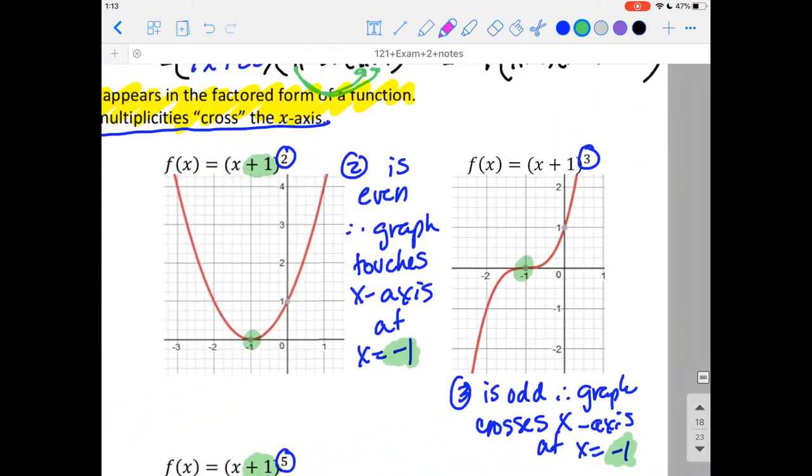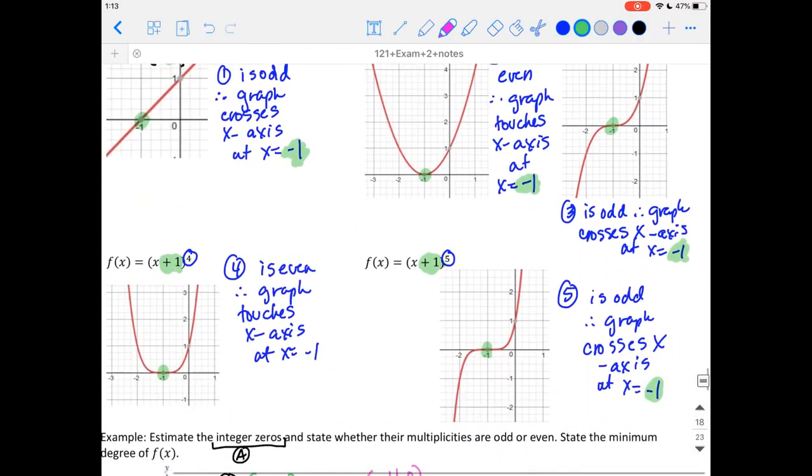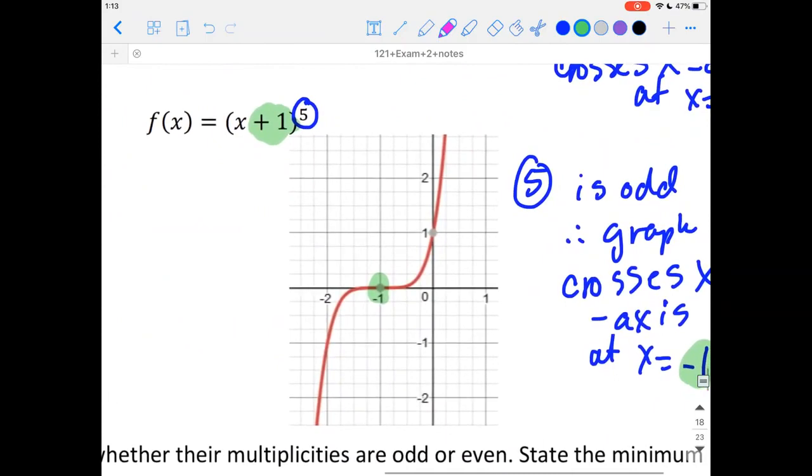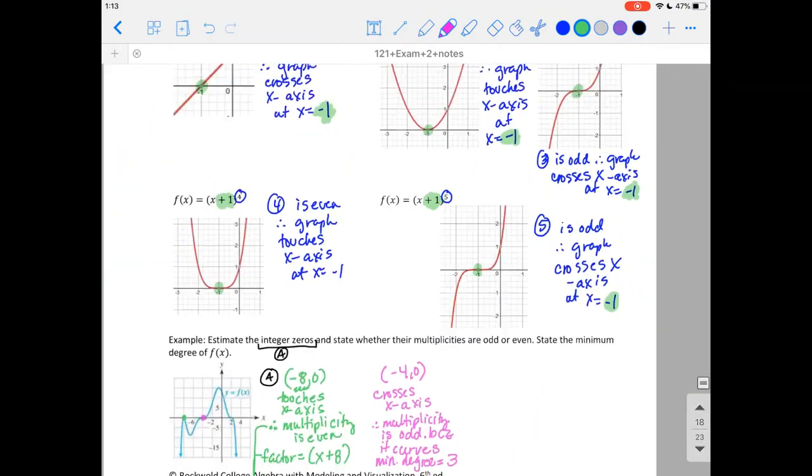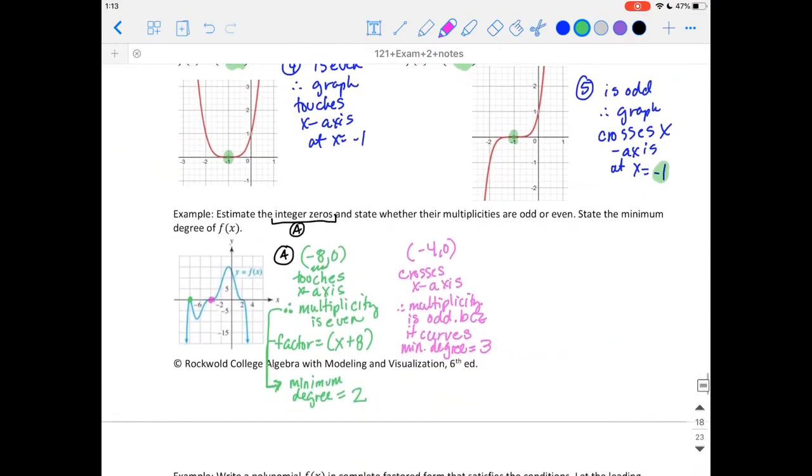And so since we're looking for the minimum degree, it's going to be 3, even though 5 also has that curvature. But since it's asking for the minimum degree, the lowest number where it actually starts curving is going to be 3.